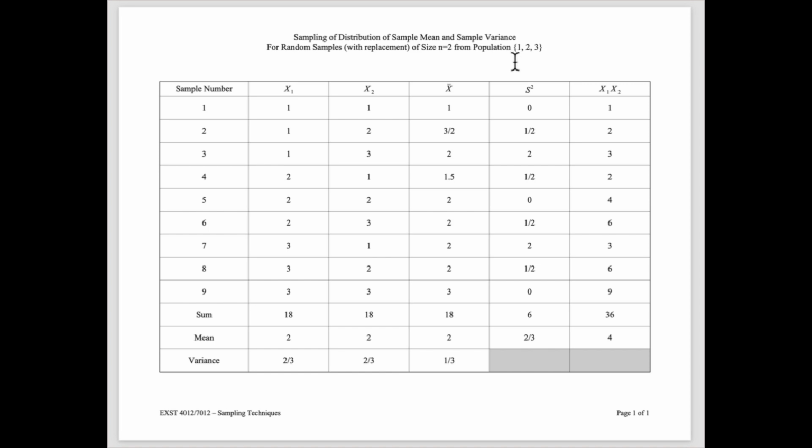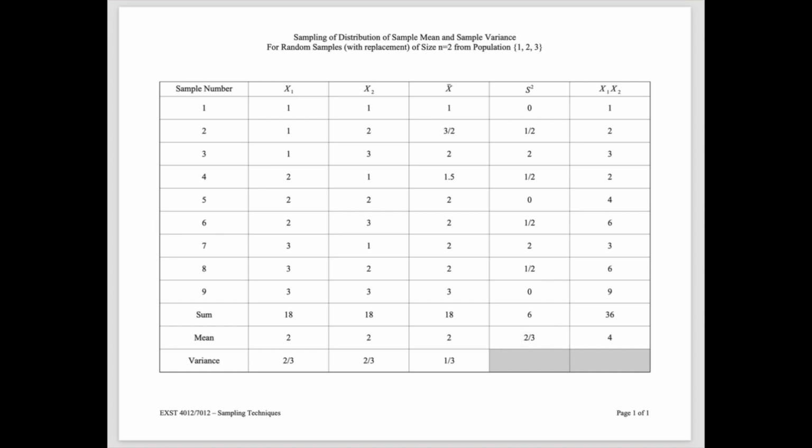Now we also have the mean value of the column of sample variances. Remember that this is the version of the sample variance that has n minus 1 in the denominator, all right? And when we calculate the variance in that way, which is the way that you learned how to calculate the sample variance in your first methods class, notice that the average of those possible values for the sample variance, from here down to here, is 2/3.